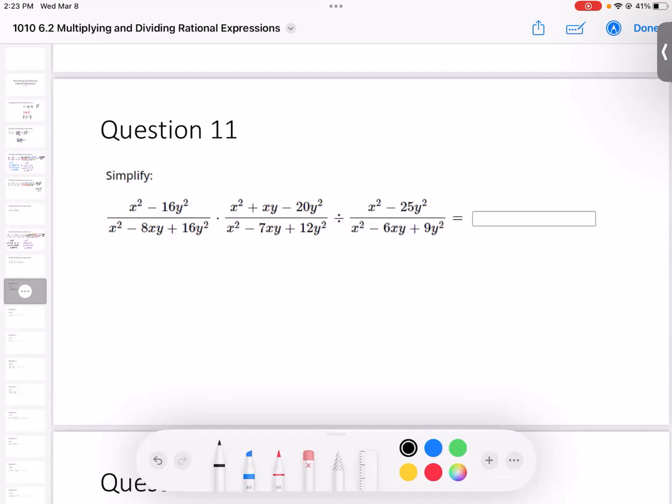Okay, are you guys ready for me to start on question 11? Okay, so the main thing I think that makes this question difficult, aside from the fact that you're going to have to factor a lot, is the fact that you have multiplication and division. So when we are multiplying these together, we're going to multiply these straight across, and then we're going to zigzag and multiply that.